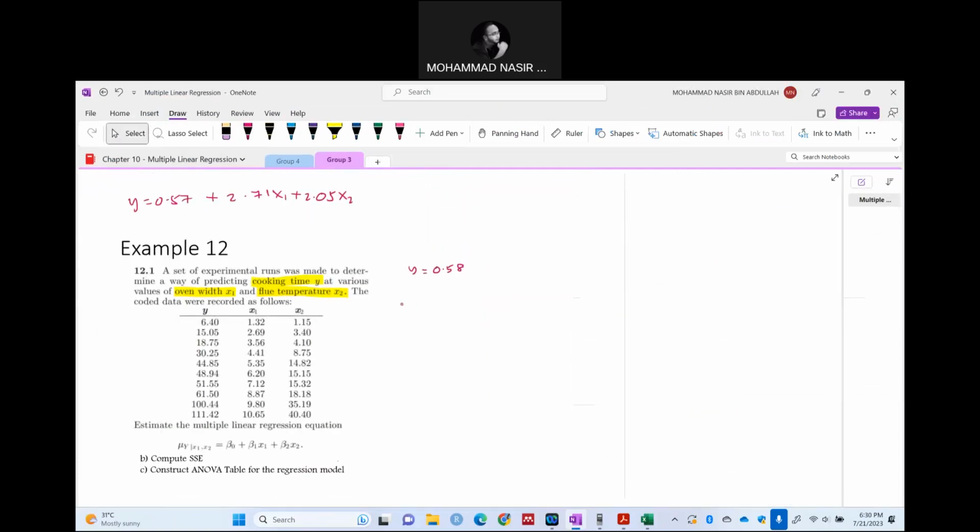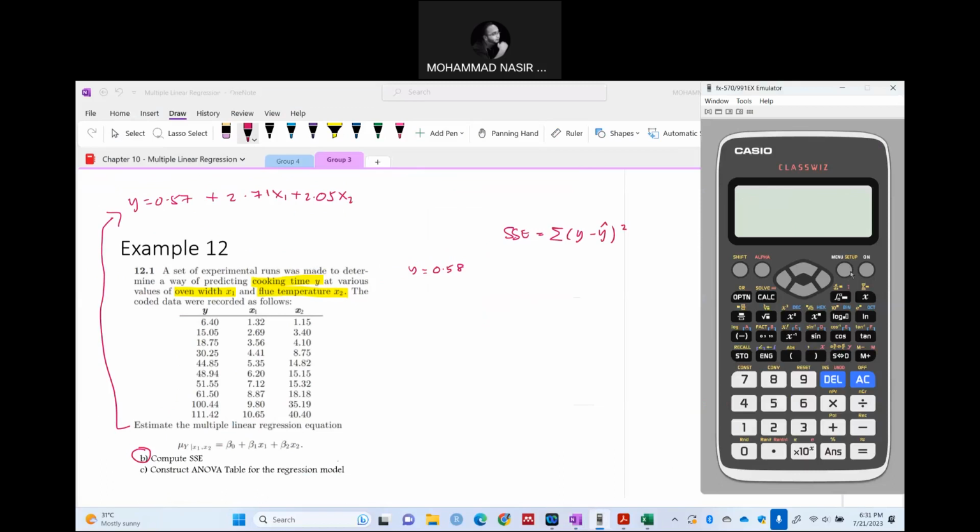So now this one I think we already calculated based on example number 4. So we want to compute sum of square error. Sum of square error is equal to summation of (y minus y predicted) square. So how to find the summation of y minus y predicted? Use a calculator, or click on spreadsheet.